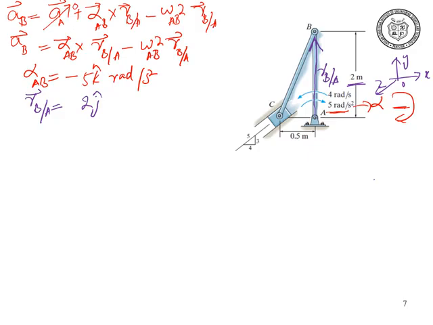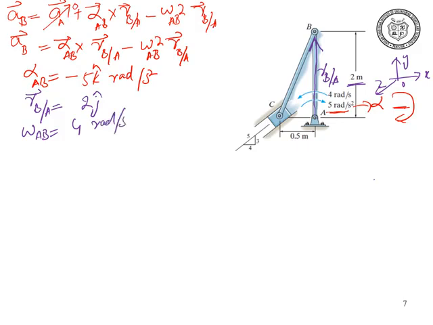In the above equation, alpha is minus 5k, and RB with respect to A is 2J. The third term is omega AB square; it is given as 4 radian per second, and as it is not in vector form, we simply write omega AB equal to 4 radian per second.